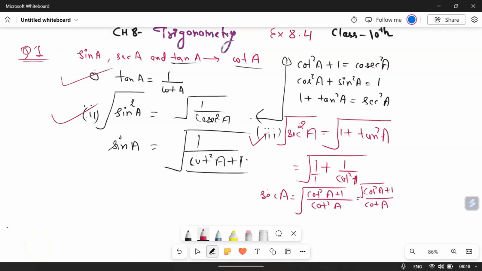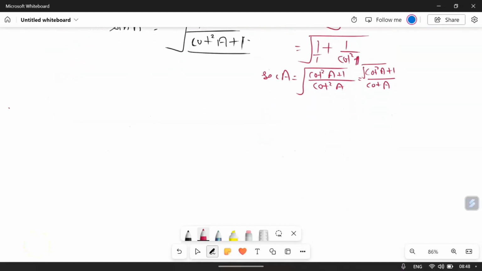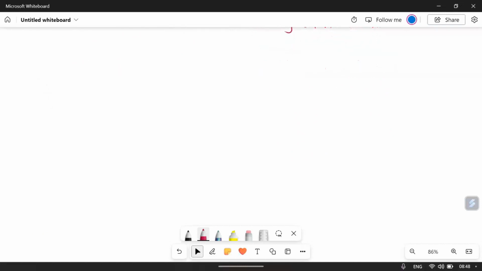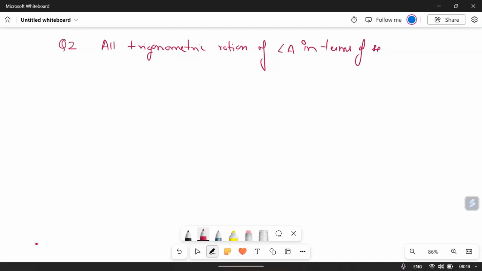The first question is done, we will start with the second question. Let me slide to the second question. It is saying that question number 2, we have to write down all trigonometry ratios of angle A in terms of sec A. So what is this question be like that?